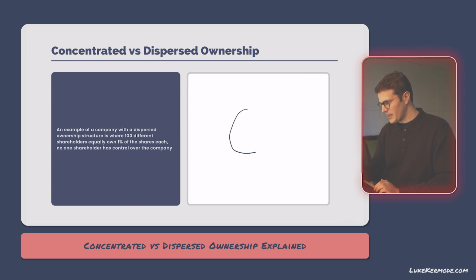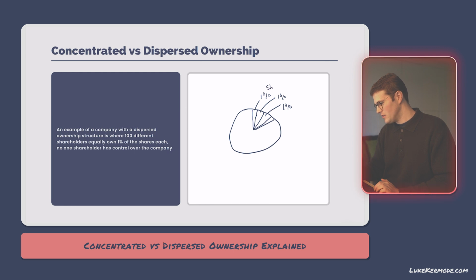And then a company that has a dispersed ownership structure is basically the opposite. In this example, we've got a firm where there's 100 different shareholders and each owns 1% each. My illustration doesn't do that justice, but I think you get the point.